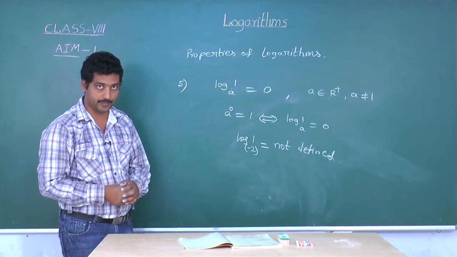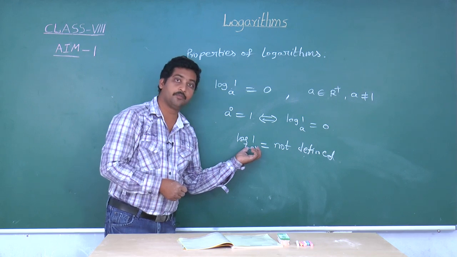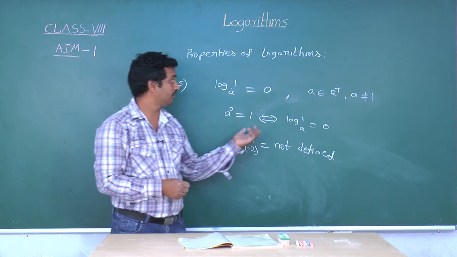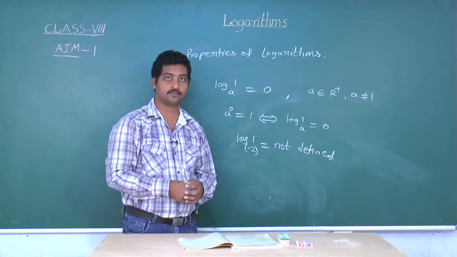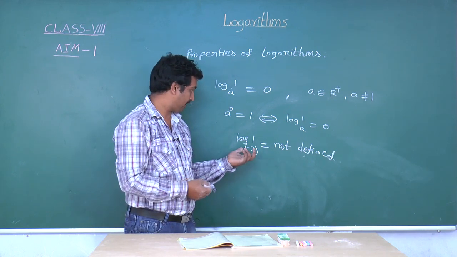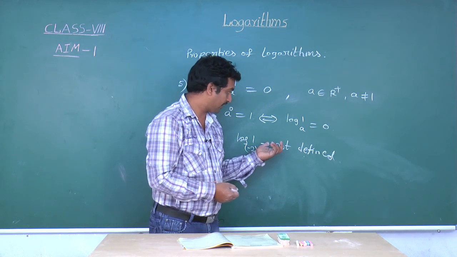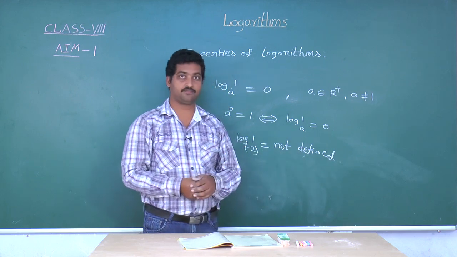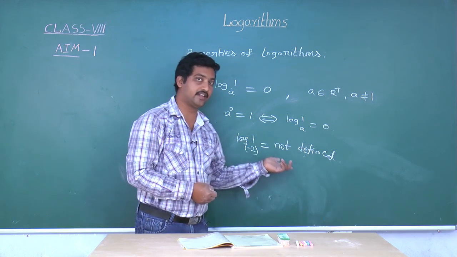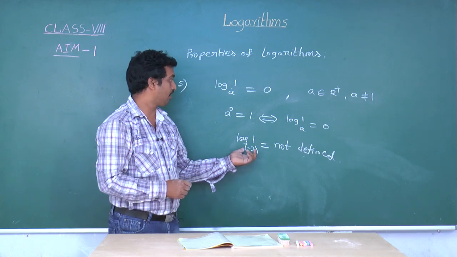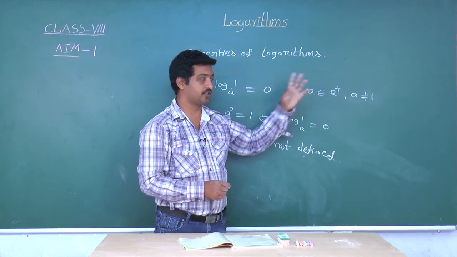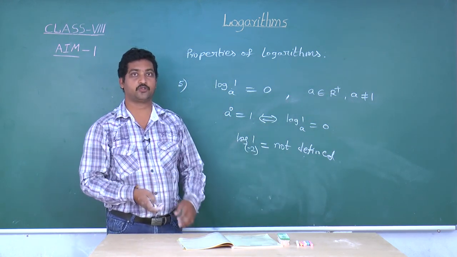What is the reason? If you observe, the base is not a positive real number. That is the reason why it is not equal to 0 and why it is not defined. The reason is a is not a positive real number. That minus 2 is not a positive real number.